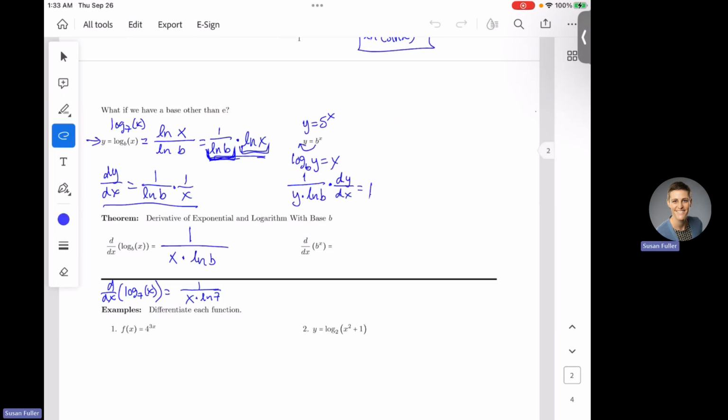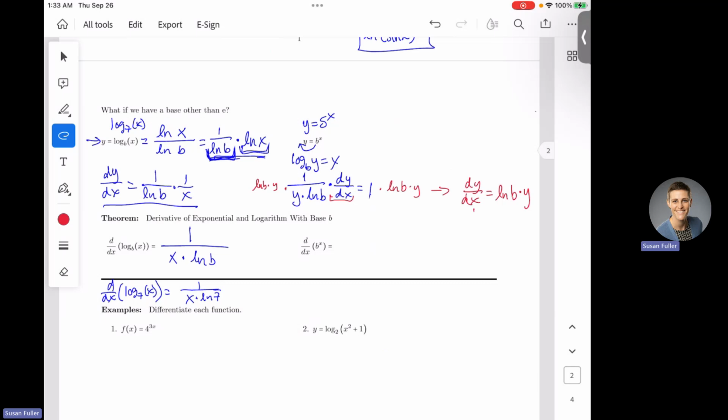Now to finish the implicit differentiation, I need to solve for dy dx. To do that, I'm going to multiply both sides by y and multiply both sides by the ln of b. Notice that dy dx is going to be equal to the ln of b times y.